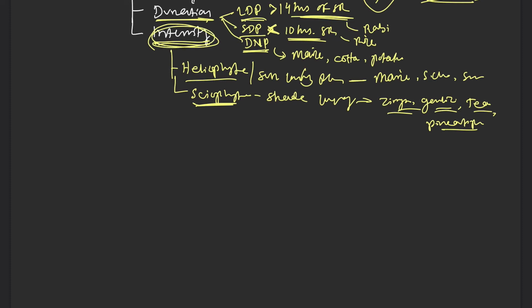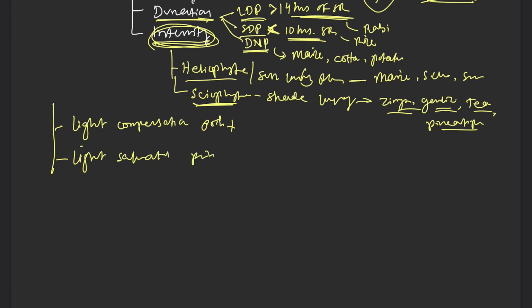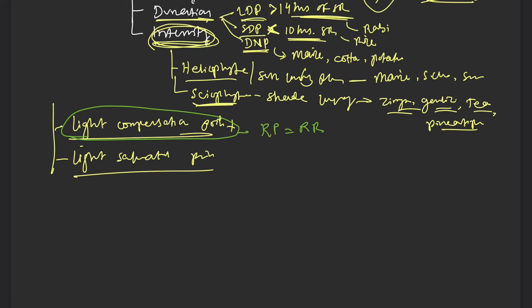So based on intensity, another two terms come to mind, like light compensation point and light saturation point. Okay, what is light compensation point and what is light saturation point? Light compensation point means the light intensity at which rate of photosynthesis is equal to rate of respiration.